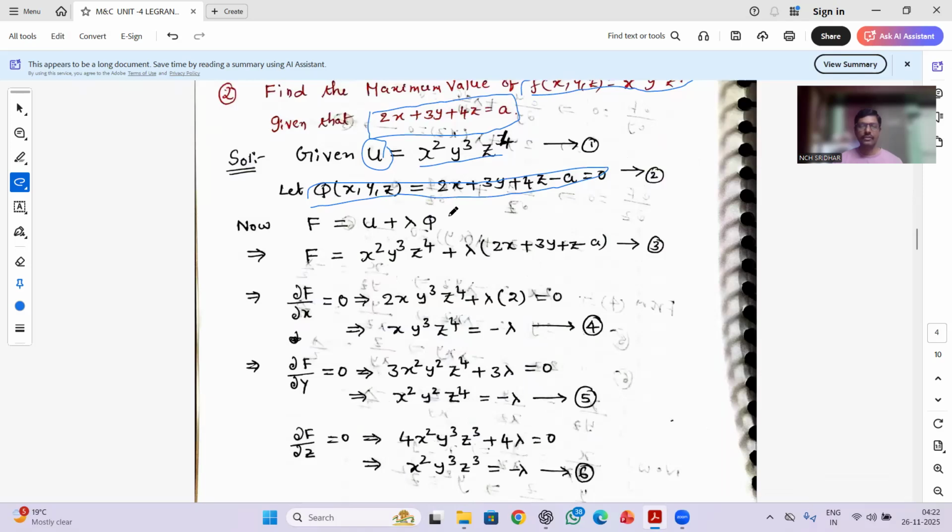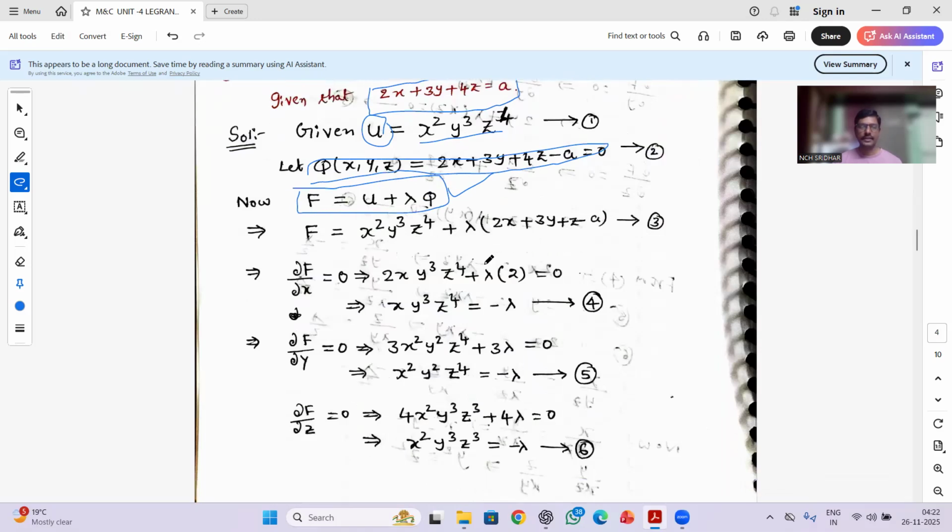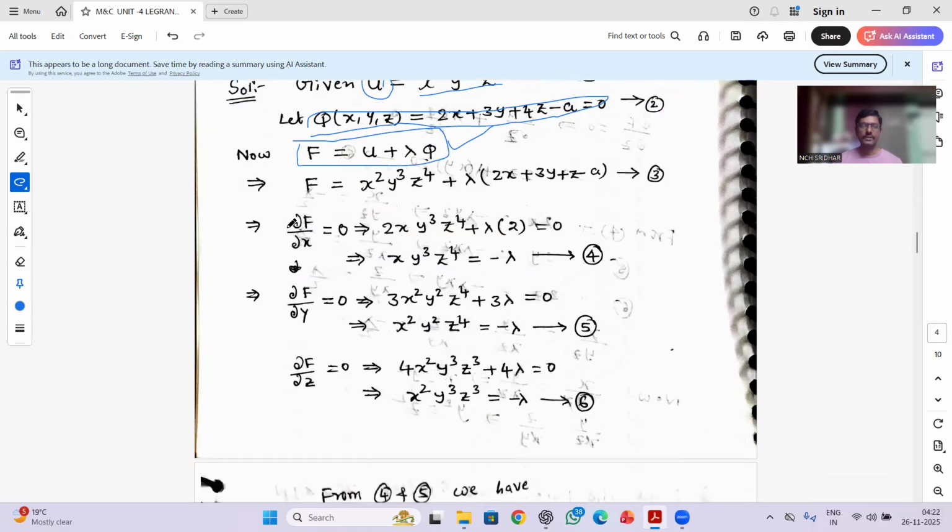Now, according to our Lagrange's multiplier method, we need to form the Lagrange's function, capital F, equal to u plus lambda phi. Therefore, in place of u, x square y cube z to the power of 4 plus lambda into phi, which is 2x plus 3y plus 4z minus a. Now we need to differentiate with respect to x.